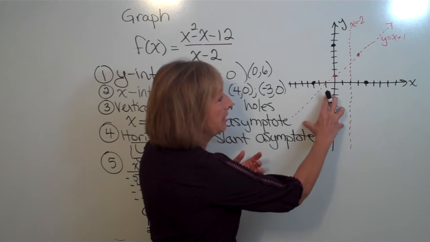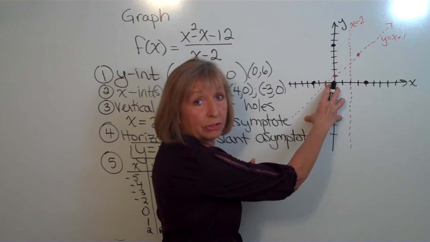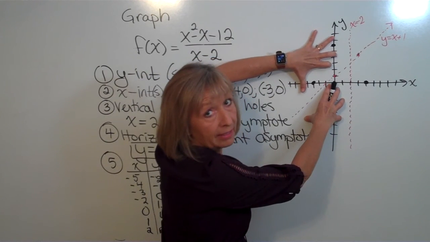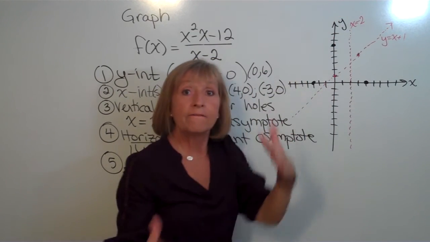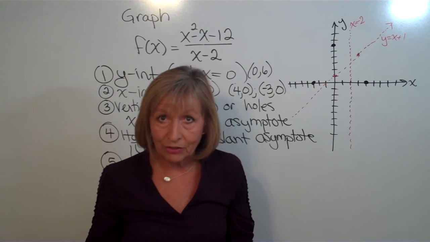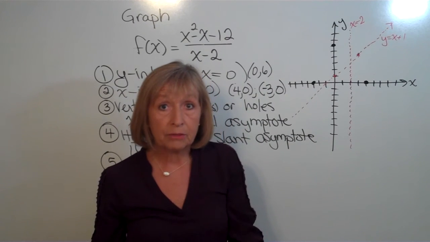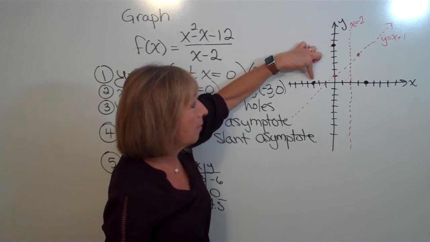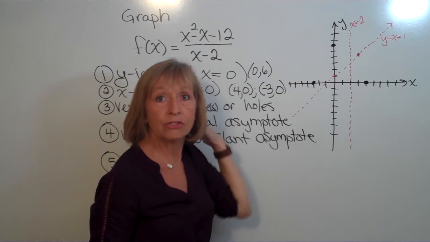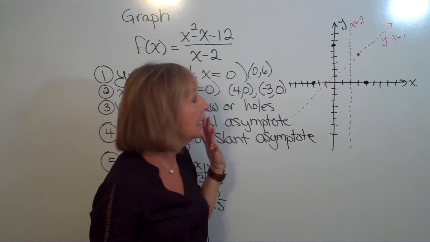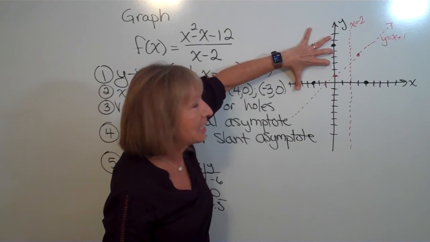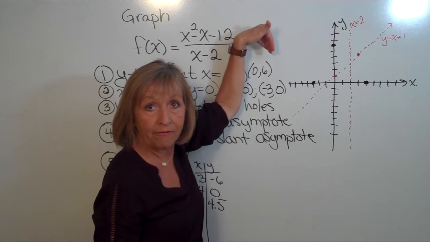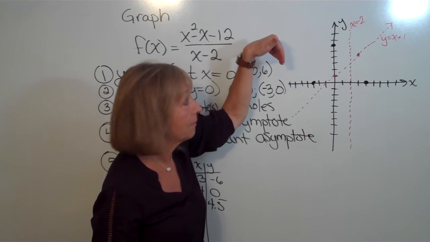Well, my graph is going to either be down underneath the slant asymptote or up above it. Because it's a function, it has to pass the vertical line test. So it's either going to be below or above it. And I also see these couple points that I got from the structure information from the beginning. So I know it has to be up above the slant asymptote when I'm left of the vertical asymptote.